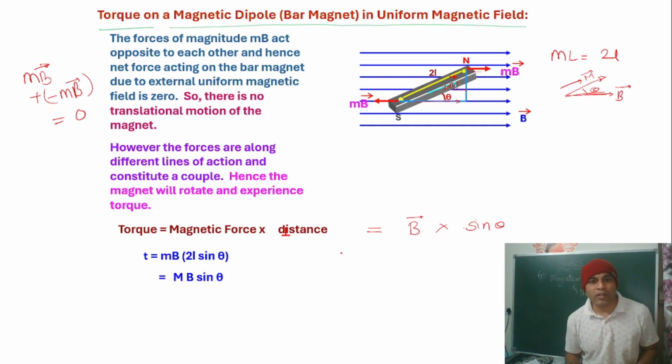So torque equals mB into 2l sin theta, which is equal to MB sin theta, where M is the magnetic dipole moment, B the magnetic field. This is how you can calculate torque.